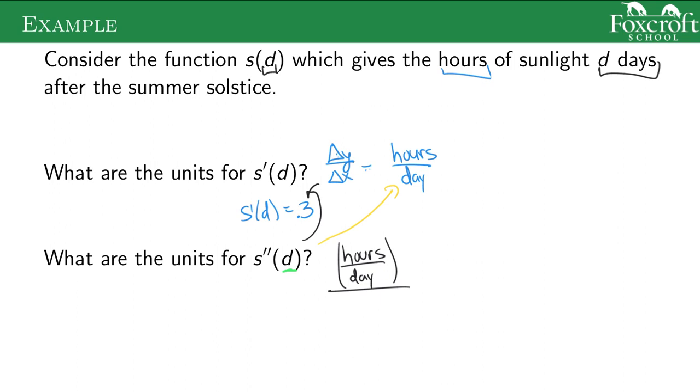And the input is the same thing, days. And then I can combine these: hours per day squared. So same thing I did, I'm just using my input, which didn't change from the original one, but the output is an hours per day because it's the y value from the derivative.